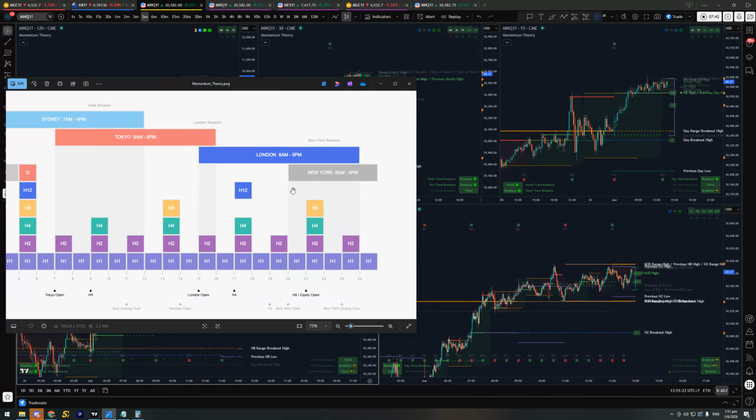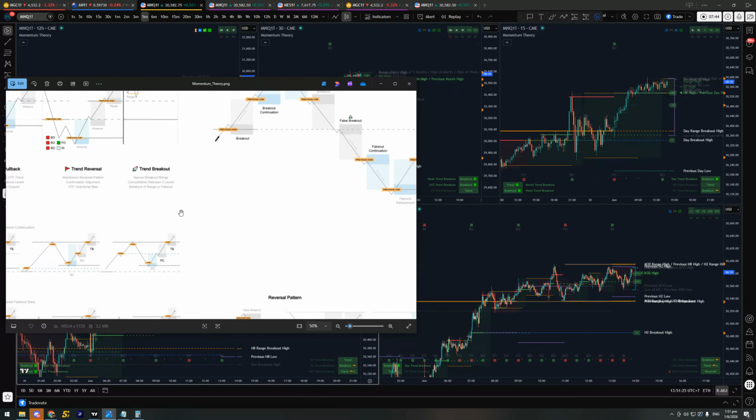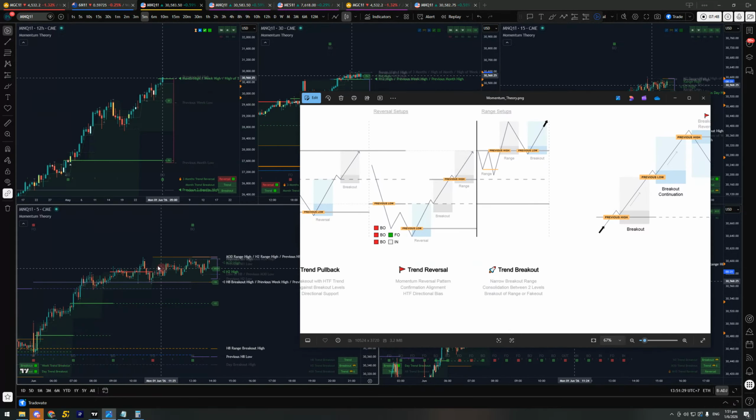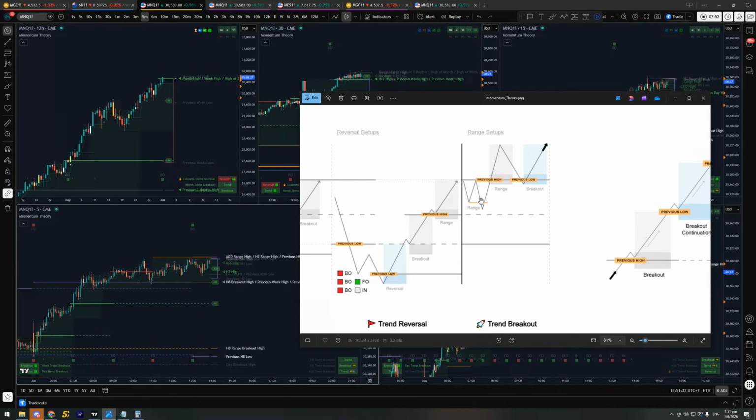So my continuation on a breakout is the trend breakout setup. I want to see consolidation, which actually we do have consolidation here. We have that confirmation range, and then take the breakout if we have a fake out of the low. If price comes down and then fakes out that entire range, then this could be an early entry. If I miss that or if I don't get that, then I can take the breakout.